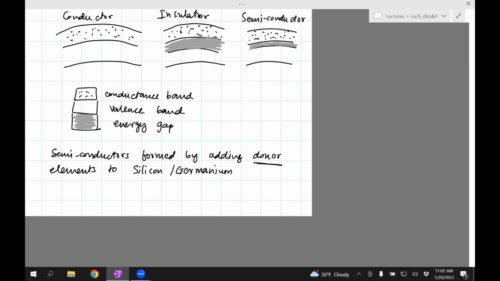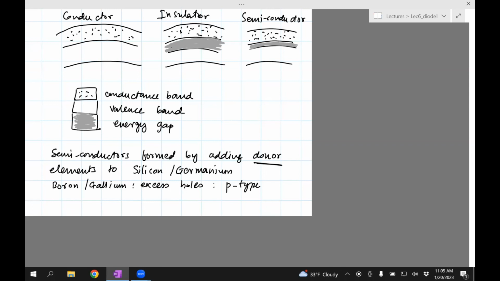We have boron and gallium, two elements from the periodic table. These have excess holes, and if you add them, this is called a p-type semiconductor.